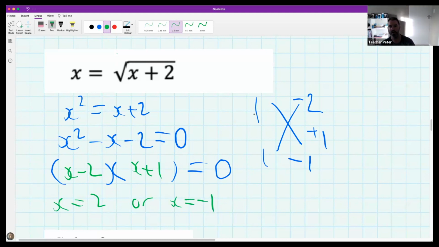But we've got to do one more final thing for a surd equation. What do we have to do?